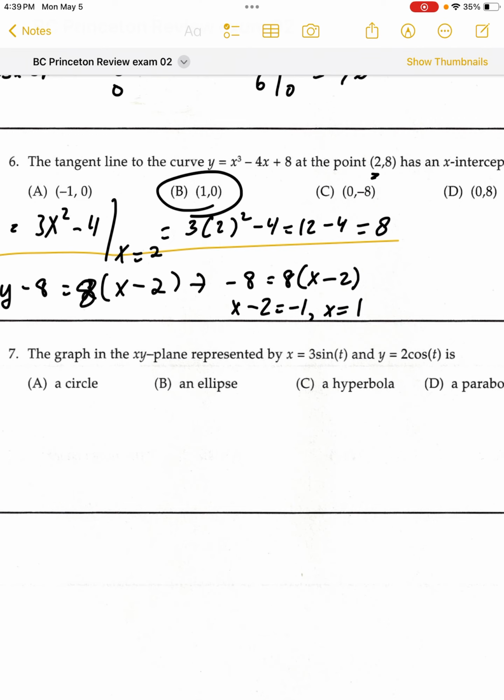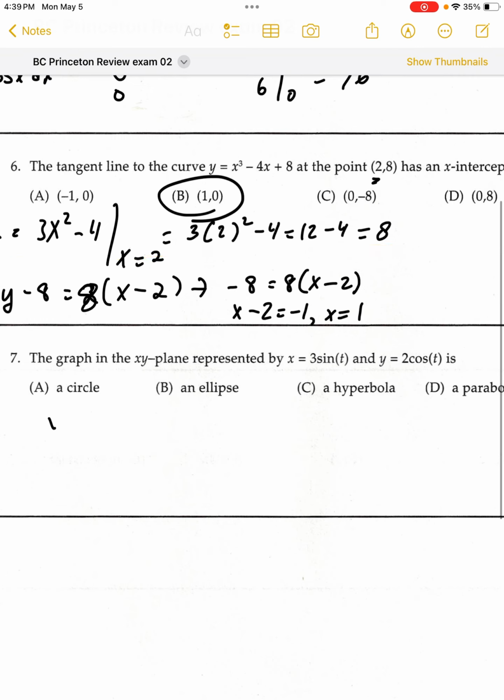The graph in the xy plane represented by x equals sine 3t and y equals 2 cosine 2t is blank. Okay. So we have the equations x equals 3 sine t and y equals 2 cosine t, right?